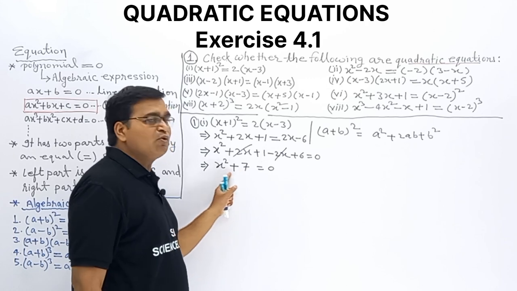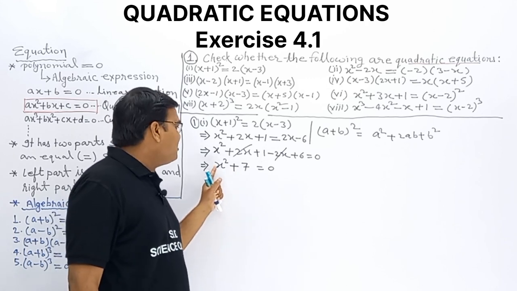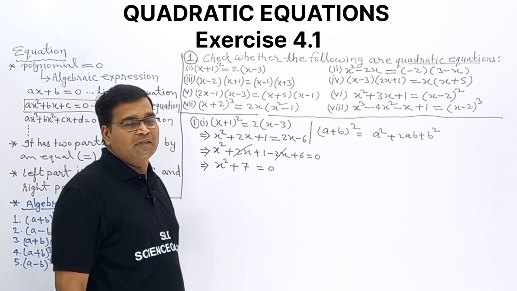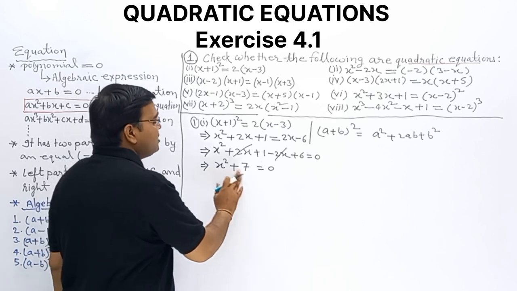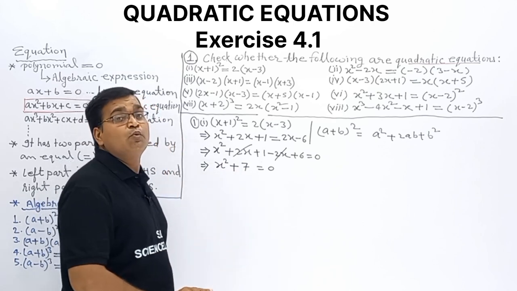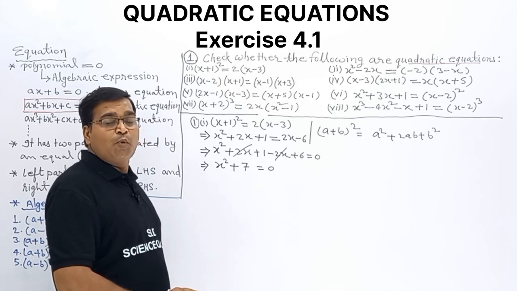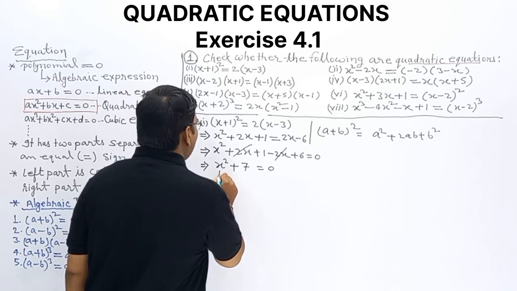So check whether this one is a quadratic polynomial or not, in which we are having variable x and its maximum power is 2. And its maximum power 2, it means what? It is having degree 2. And if we are having degree 2, that one is what? Quadratic polynomial. So this one is what? Quadratic equation.